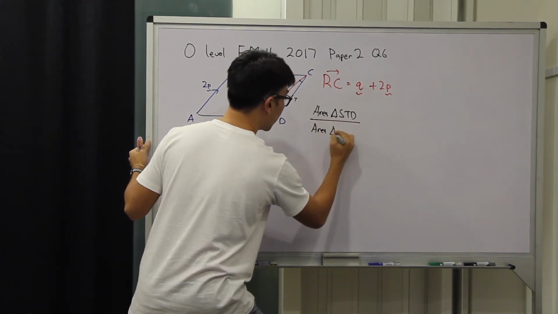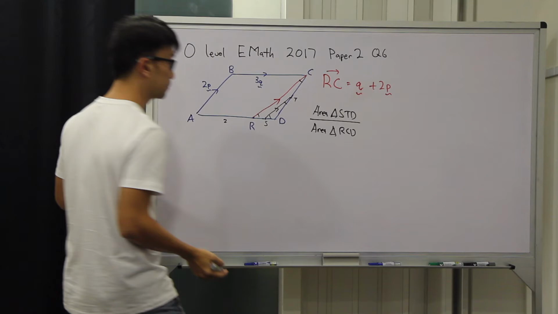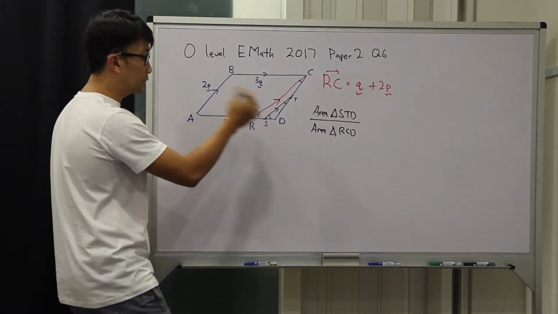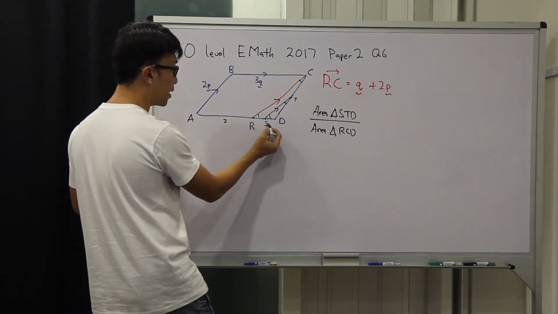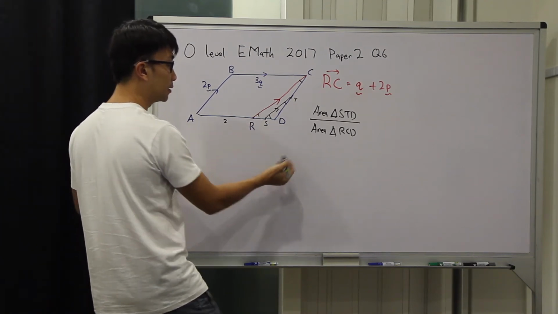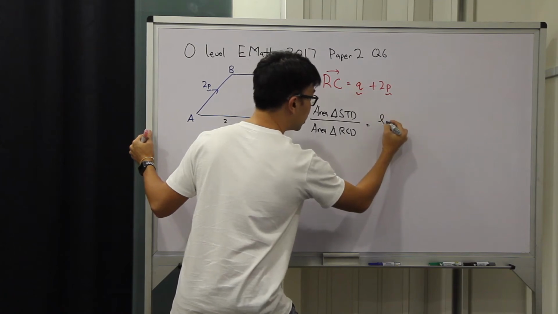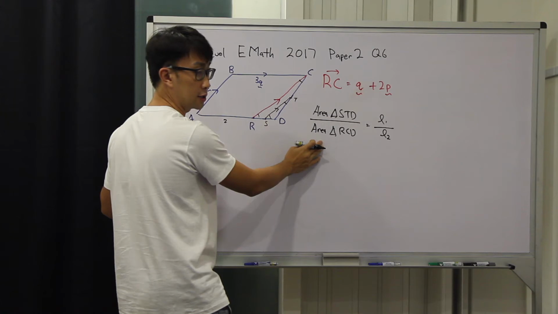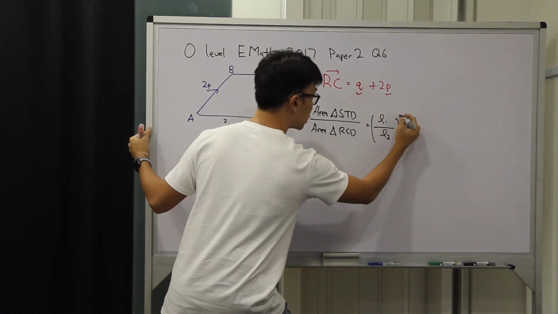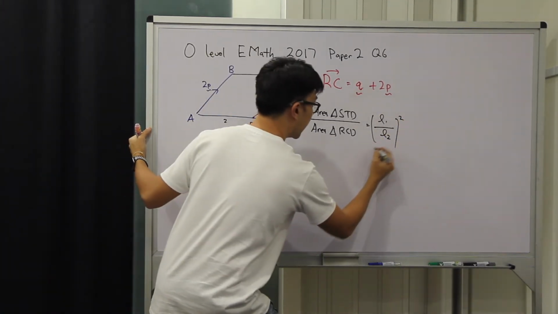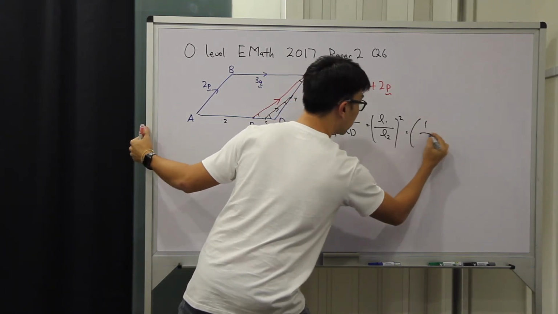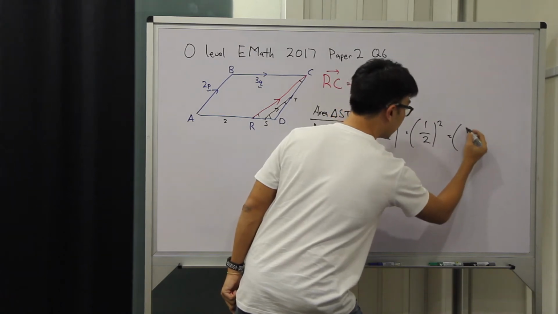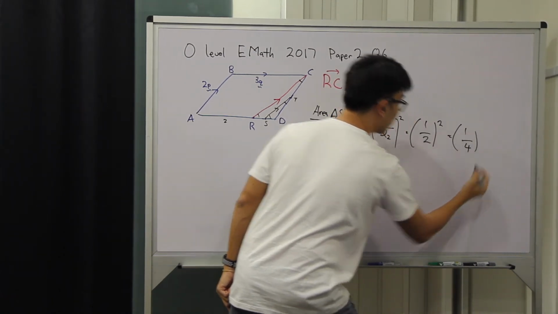As we have mentioned, it's a similar triangle, and considering that RS is the same distance as SD, their length ratio can be used to find the area ratio. So we need to put a square here, and that will be equal to 1 over 2 squared, and therefore we have the area ratio being 1/4.